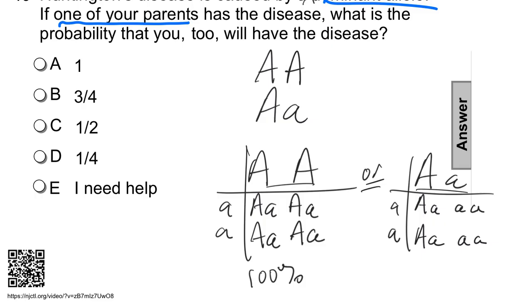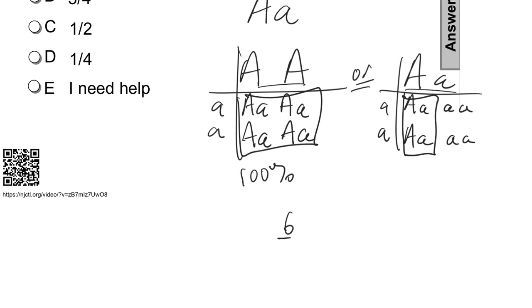What we do is count 4, and then 2, so it'd be 6 out of 8, or 3/4. So a 75% chance that you'll get it too, which is pretty high.